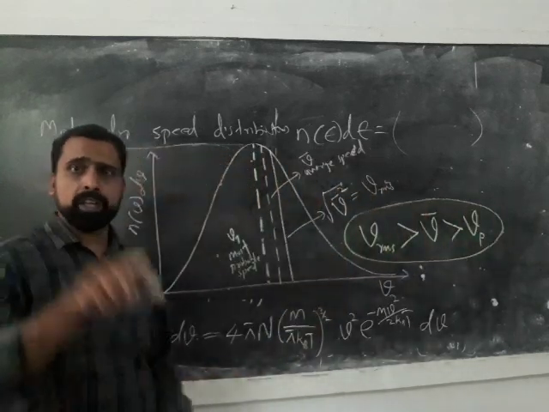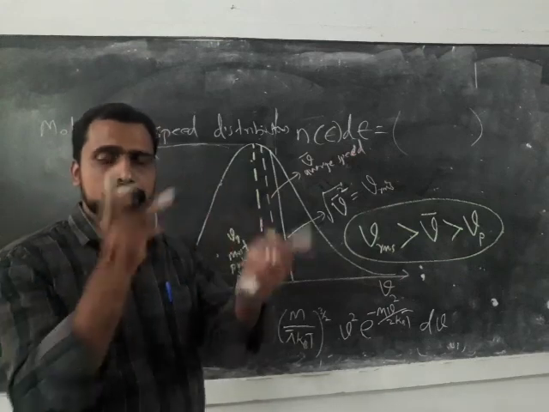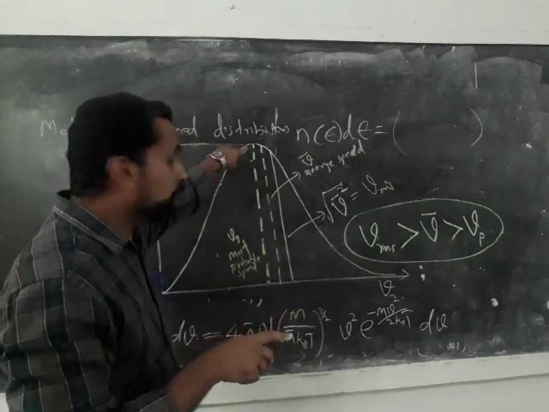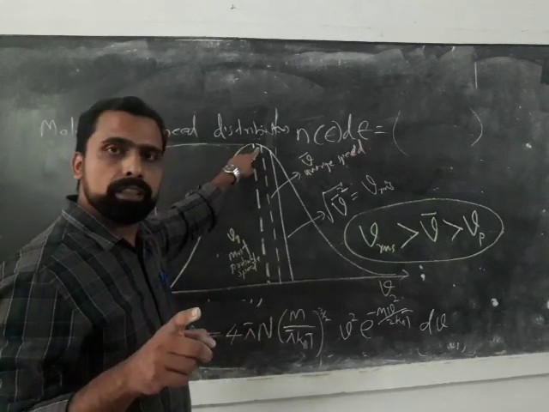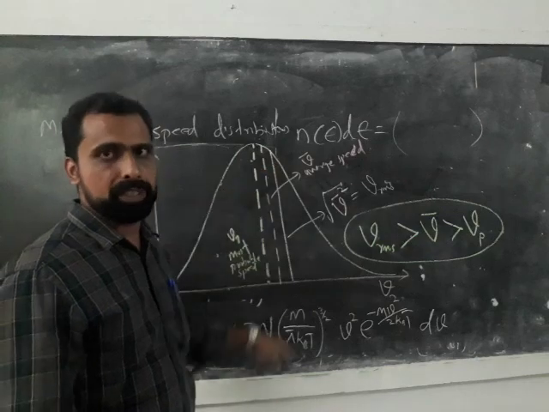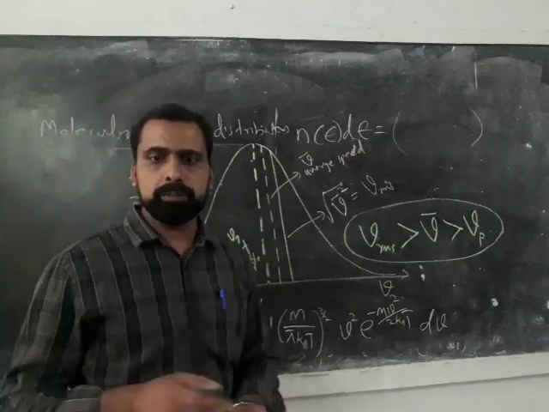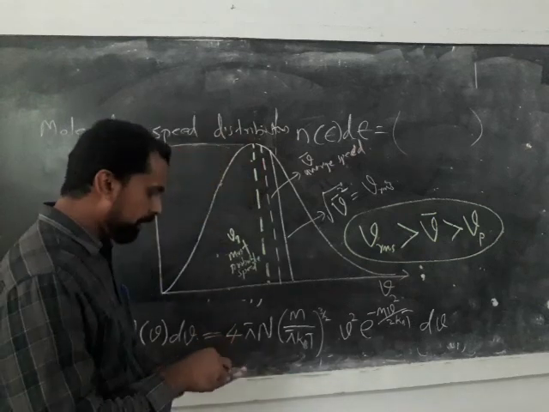But when you are looking at the number of particles, then the thing is just reverse. That is, most probable is the highest, then V average, then VRMS. Okay, so this is the whole thing about it.